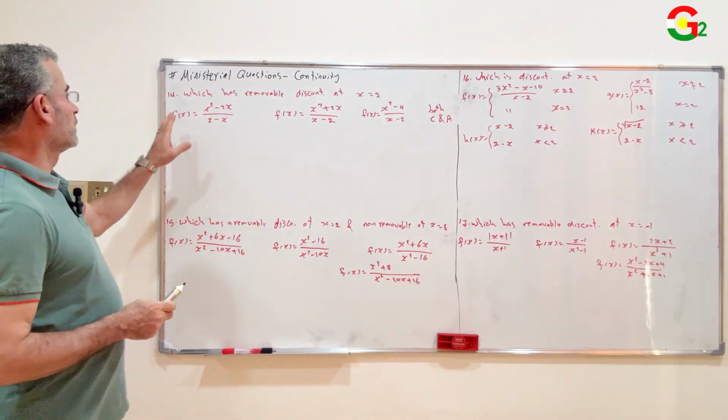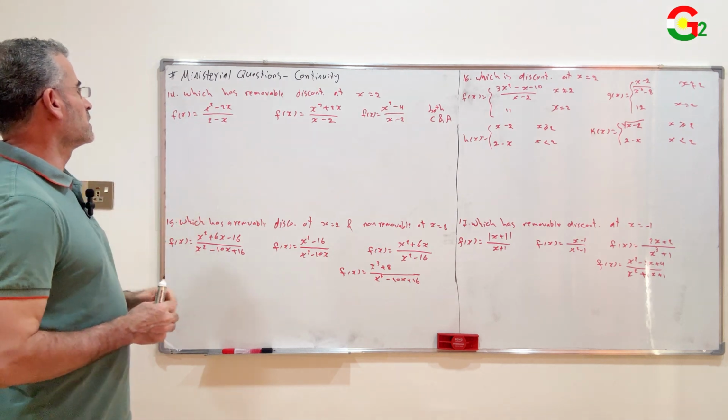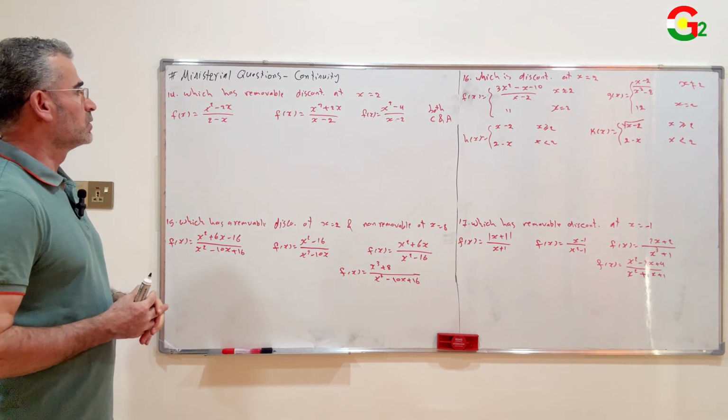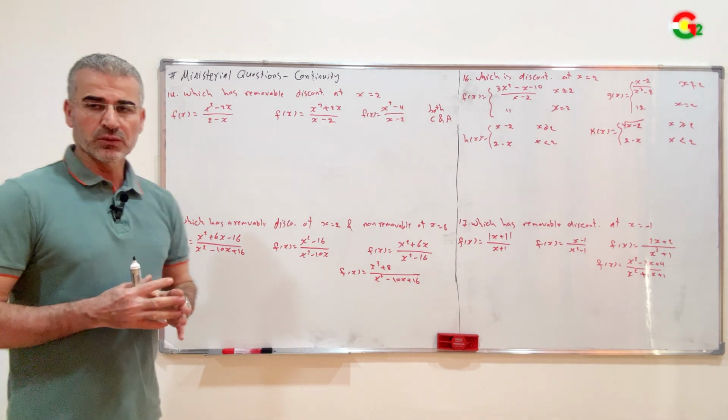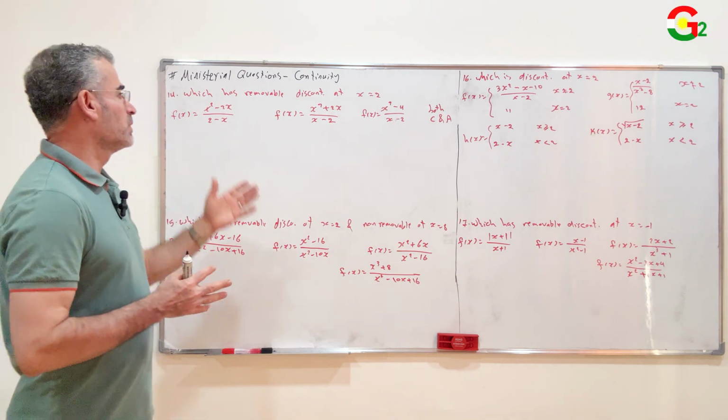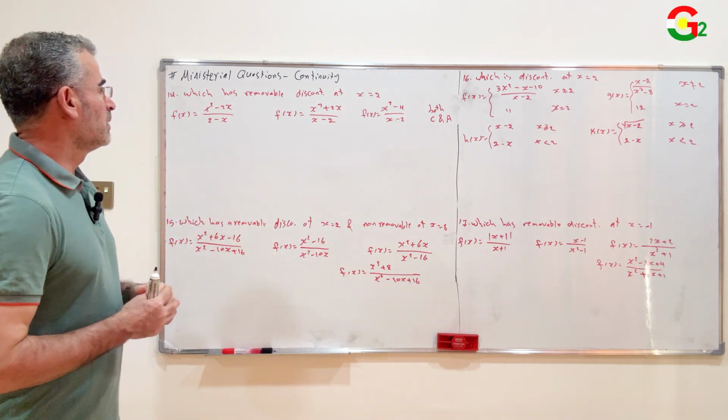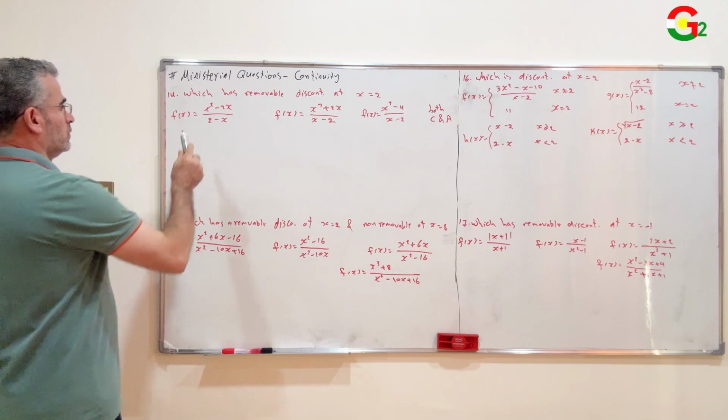Question number 14. Which of the following has a removable discontinuity at x equal to 2? Removable discontinuity means the function has a limit when x approaches 2.